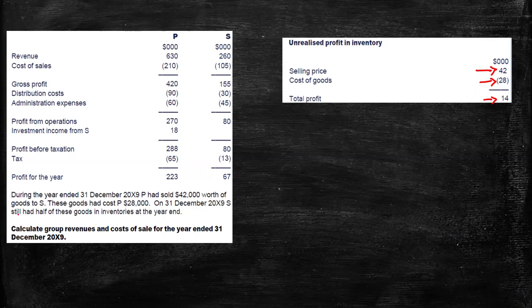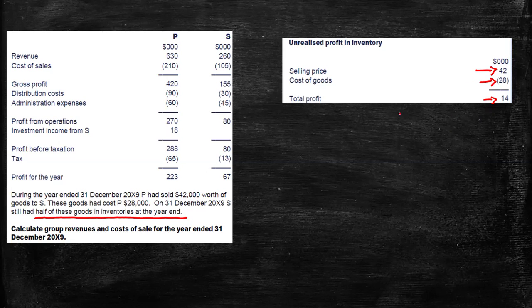Now they're telling us that half of these goods remain in inventory at the end of the year. Now you may remember, as we discussed in chapter 21, if you sell some of the goods, that means you have realized profit on it. You have benefited from those goods already. So you don't need to account for the unrealized profit on those goods, since that profit has technically now been realized with the goods being sold to a third party, to a customer.